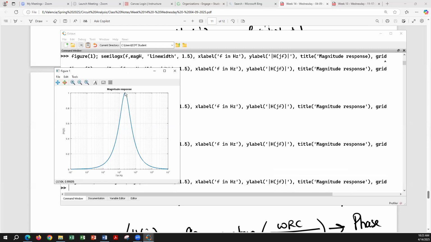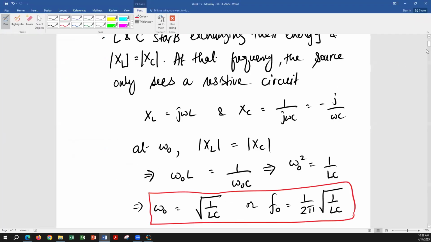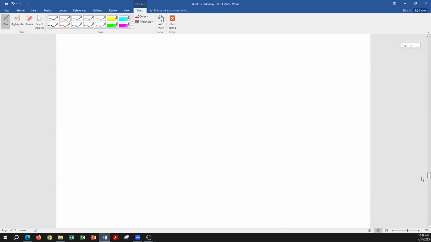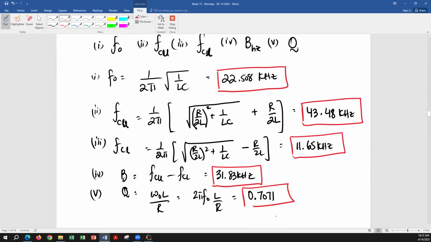Center frequency 22.3 kilohertz. Is that what we got approximately? Center frequency 22.5 kilohertz.